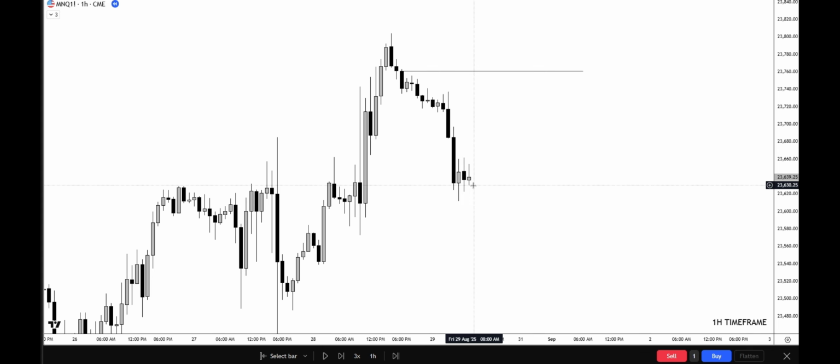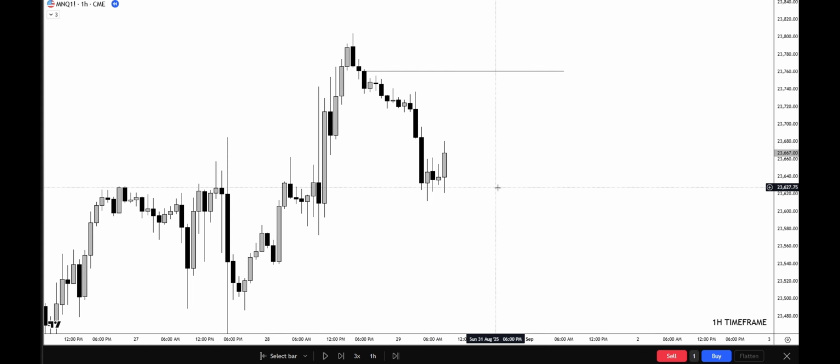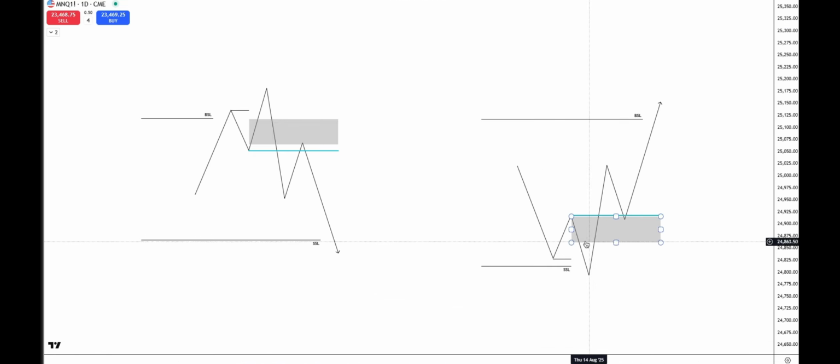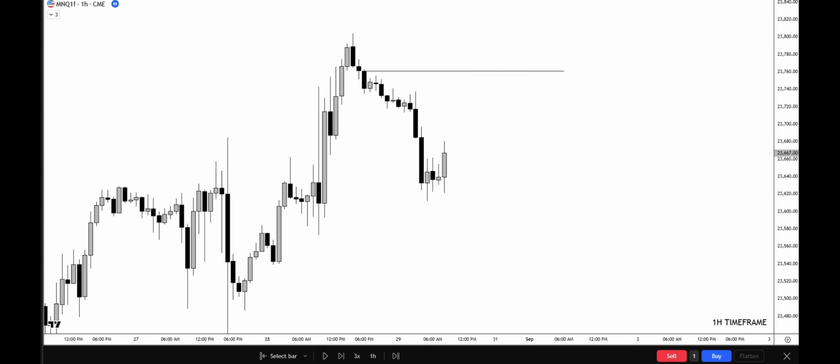A chop means nothing, but if we want to continue lower after a chop occurs, we need to see an opposite run towards this liquidity. I have already mentioned here that we need an opposite side run.